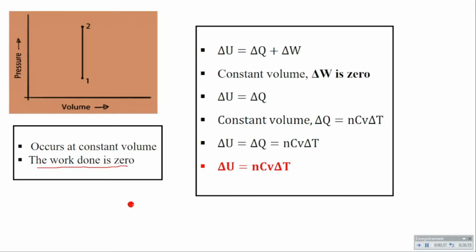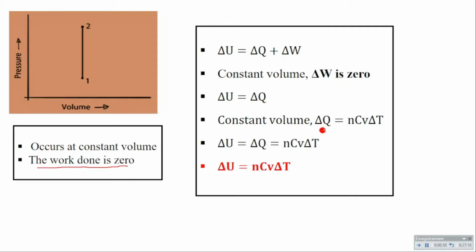So now, how do you show that the internal energy for this process is equal to nCv dT? Remember, we have dU is equal to dQ plus dW, and then the work done is 0. So we have a constant volume, and the work done is 0. That means dU is equal to dQ, but at constant volume.